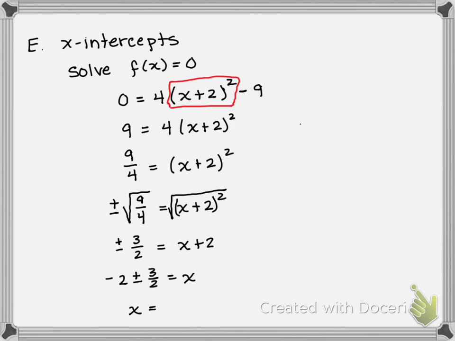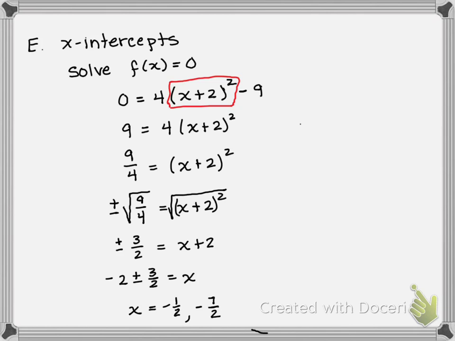And then you can throw those in your calculator. Let's see. -2 plus 3/2 is going to be -1/2. And -2 minus 3/2 is going to be -7/2, right, because 2 is 4/2.